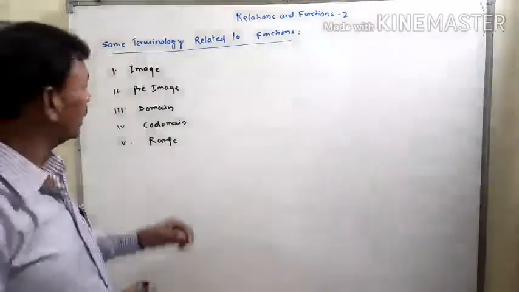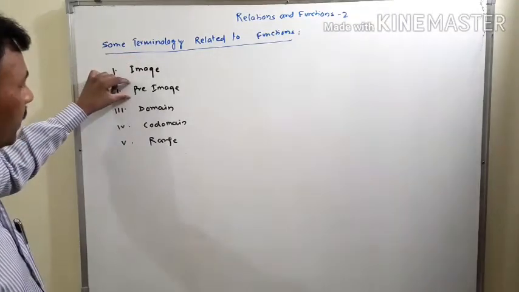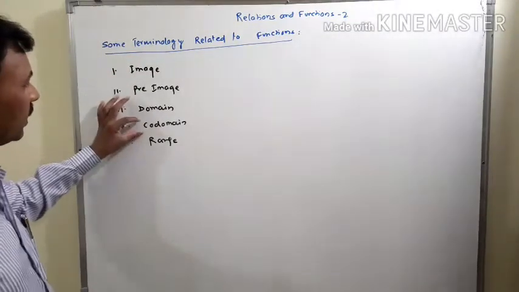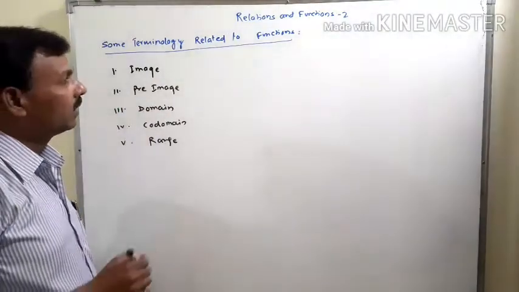Now we will take them one by one and describe what the image, pre-image, domain, codomain, and range are with a ray diagram.